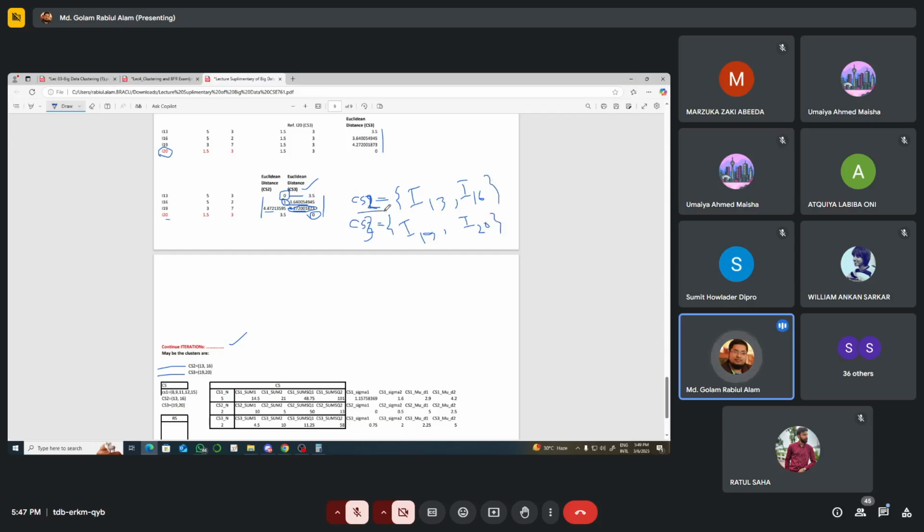So CS2 consists of two elements and CS3 also consists of two elements. That means we have to say those are our CSs. There is no retained set in this case, because if we have just only one element in a set, then we call that a retained set, but we don't have any.